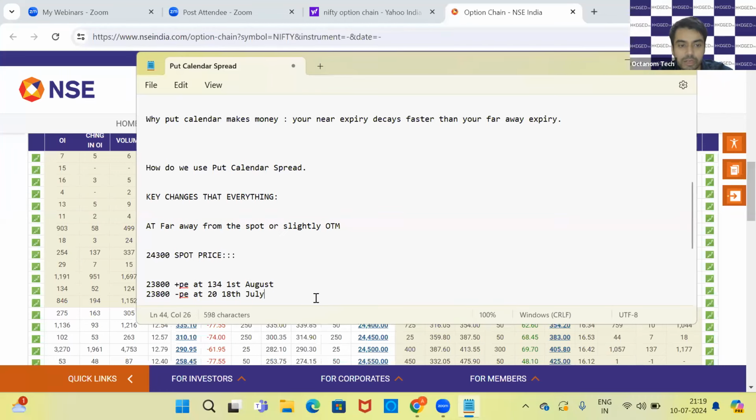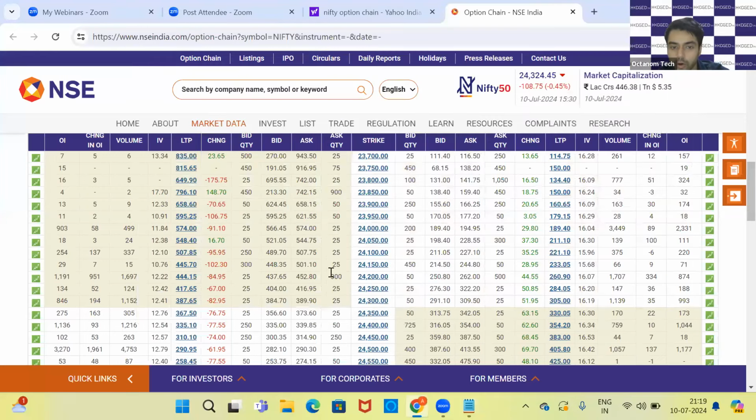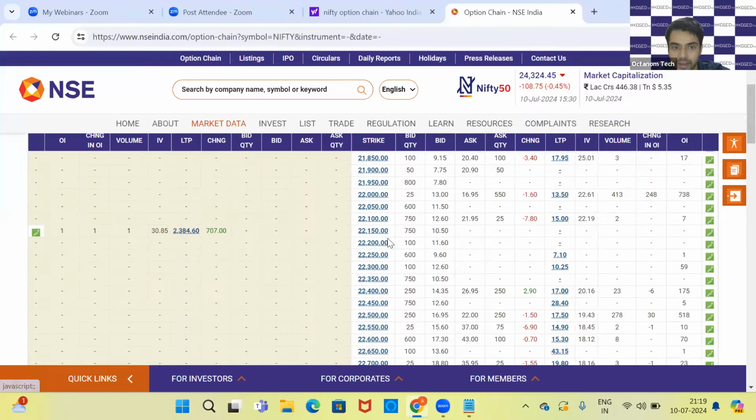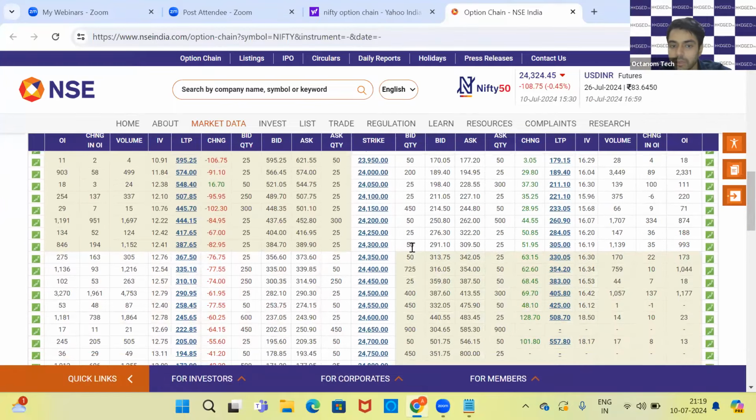Okay, now friends, you tell me one thing. Right now, your spot of August expiry, 1st August expiry, your at the money premiums are around 300 rupees. Let's consider 290. Now just listen to this very carefully. Why will I make money if the market goes down?